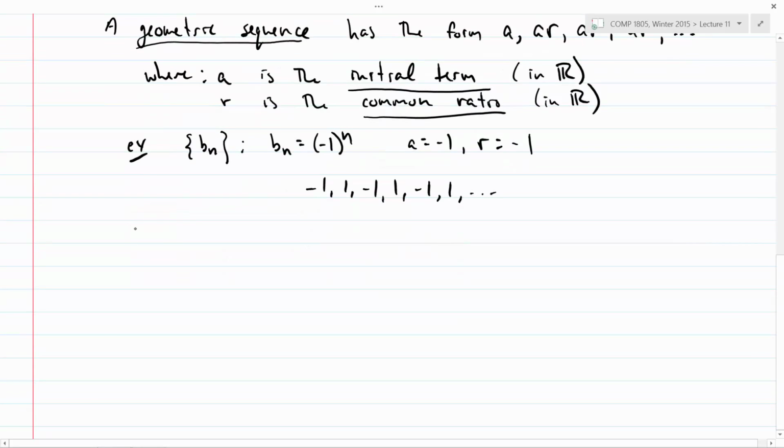That's kind of a weird one. Let's do a more normal one. Let's say we have Cn, and Cn looks like 2 times 5 to the n. So it turns out this is also a geometric sequence. What's a here?